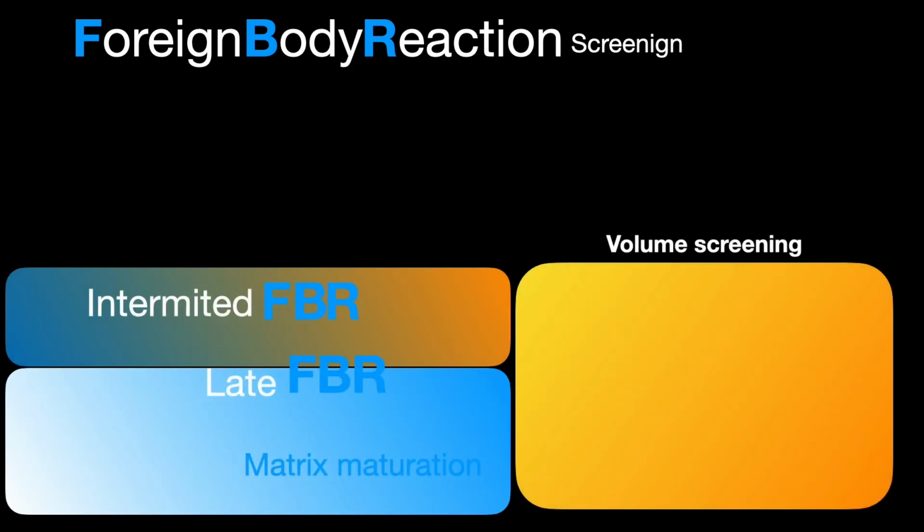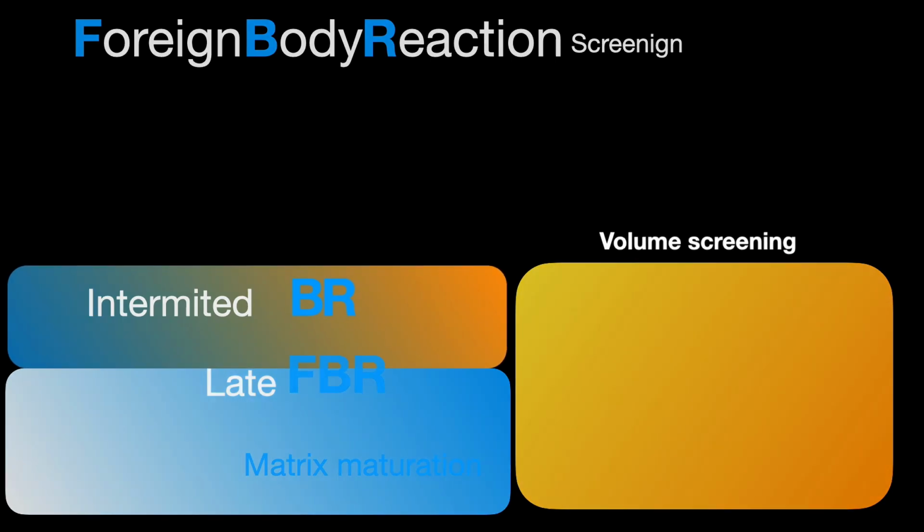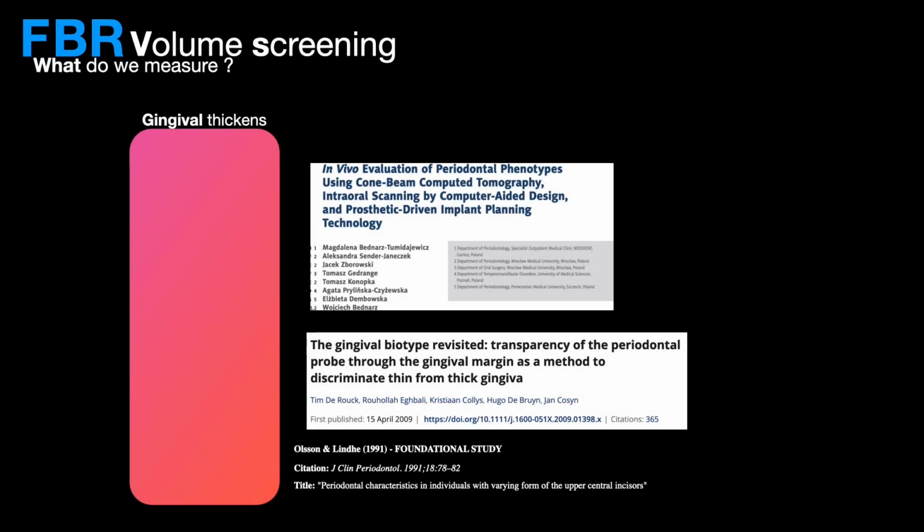The volume screening is quite an interesting concept that I will guide you through. Providing that we're not doing any x-rays or anything, we just screen the volume by checking the STL or what have you, to see what's there.